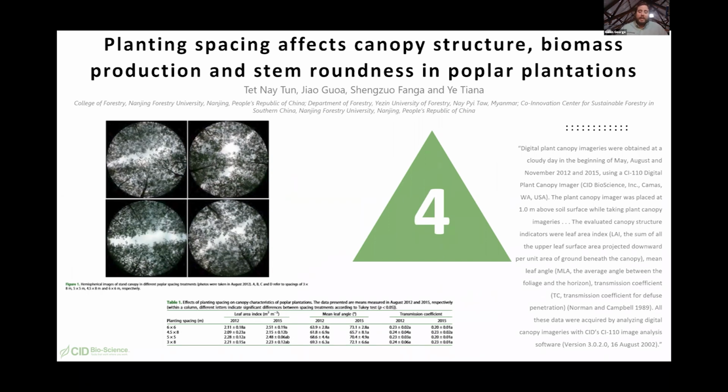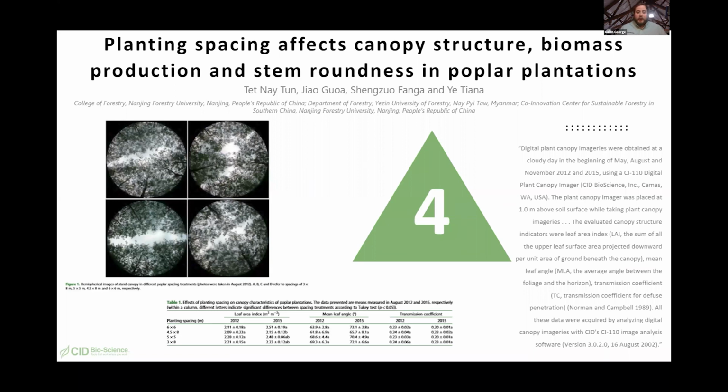So looking at how the plant spacing influences the canopy structure, the biomass production, and other properties like the stem roundness of these poplar trees, and trying to figure out the optimal spacing, the most economical spacing to give the best yield of biomass from the trees. And you can see these are some pictures that they took with the camera, these hemispherical pictures with the CI-110.